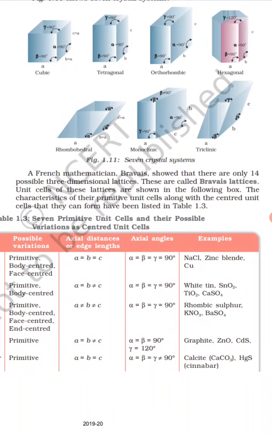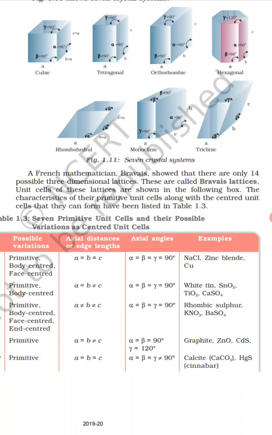A French mathematician, Bravais, in 1848 showed from geometrical considerations that there can be only 14 different ways in which similar points can be arranged in three-dimensional space.